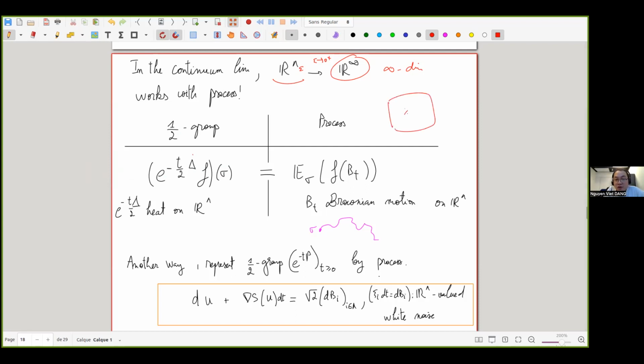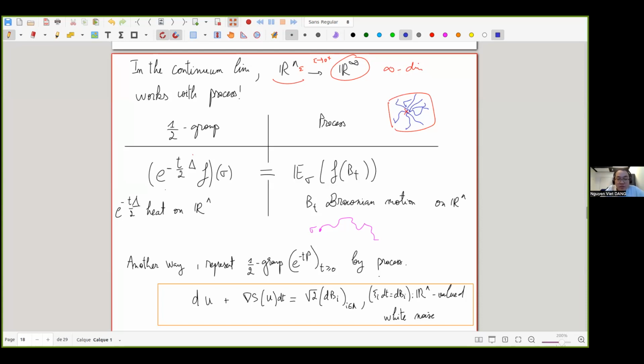So you take your Brownian motion starting at sigma, and you stop it at time t, and you average over the Brownian motion starting at sigma and stopped at time t, and you get the same value as on the left-hand side.